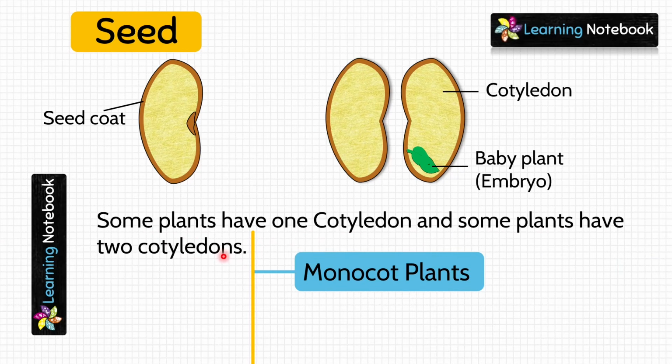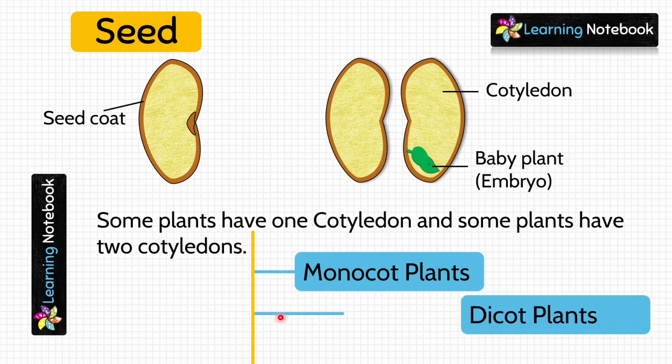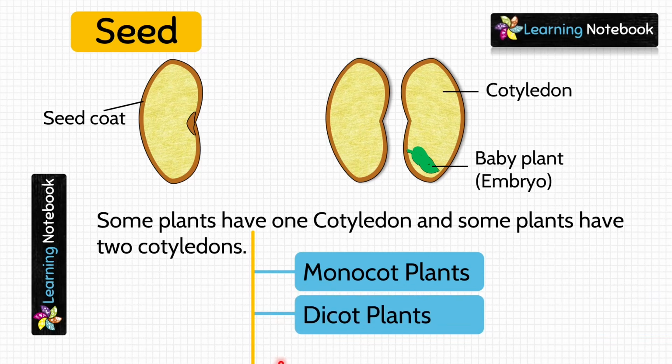Like here, we have taken example of beans, which have two cotyledons. So, some plants have one cotyledon while other plants have two cotyledons. So, based on this, there are monocot plants and dicot plants. Let's learn about them.